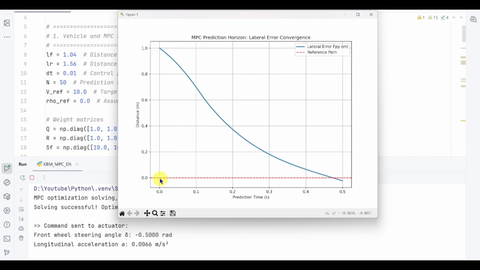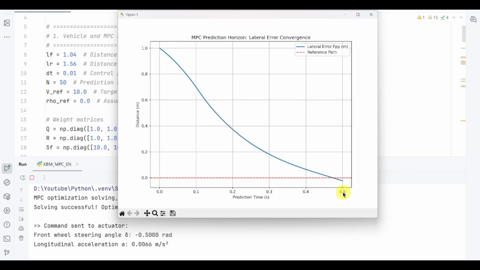As you can see, in the result at 0 seconds, the blue line starts precisely at 1.0 meter. This matches the lateral error FPY equals 1.0 that we set at the initialization.